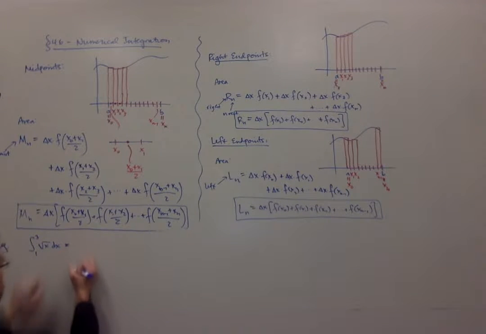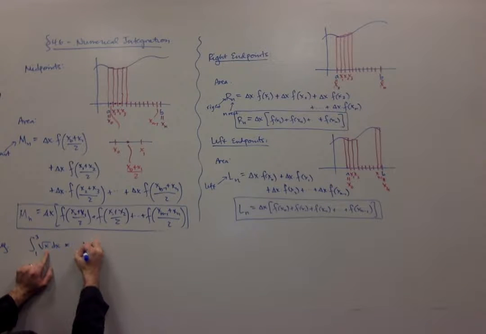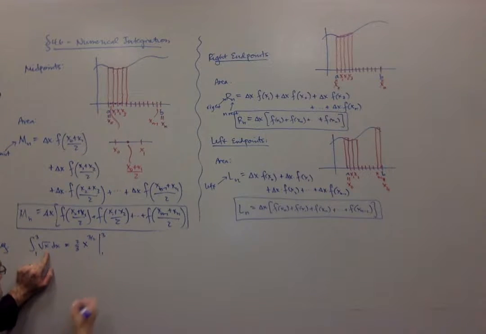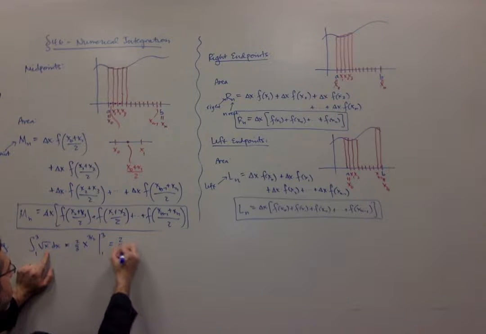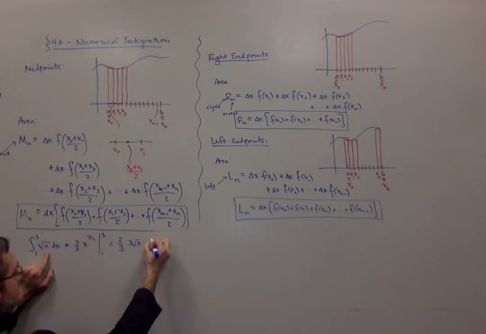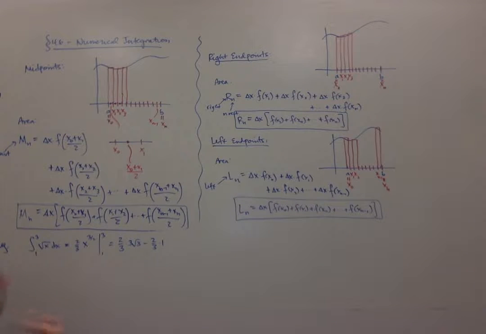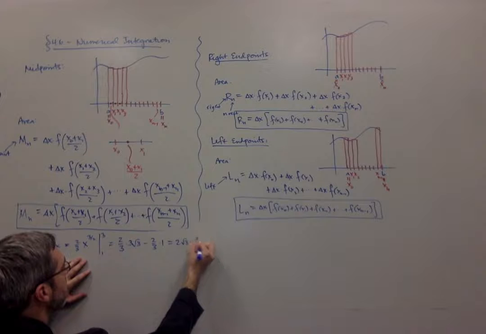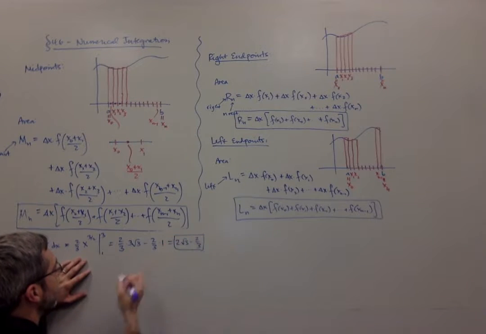This is x to the 1/2, so it's now going to be x to the 3/2, and I'm going to have 2/3 here, from 1 to 3. So I first plug in 3. 3 to the 3/2 is 3 root 3. And then 2/3, 1 to the 3/2 is just 1. So I'm going to have 2 root 3 minus 2/3. That's going to be my answer, whatever that is.